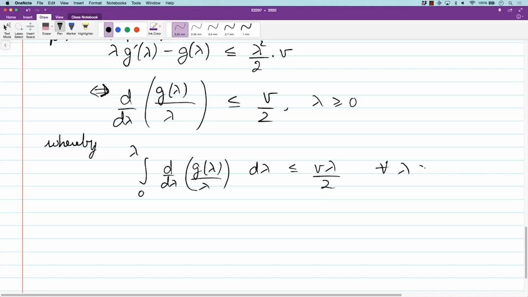And this is true for all lambda greater than or equal to 0. But this integral is just g lambda by lambda minus the limit as x goes to 0 of g of x by x.